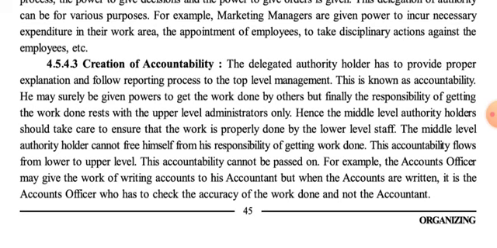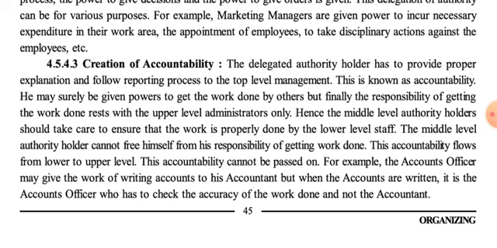Now, the middle level authority has the power to get work done through others, that is the bottom level officers, and now it is the responsibility of the middle level also to ensure and check that the task is being performed properly as directed. So now it is the responsibility of both, the top level and middle level, to accomplish the particular task within a stipulated time period.